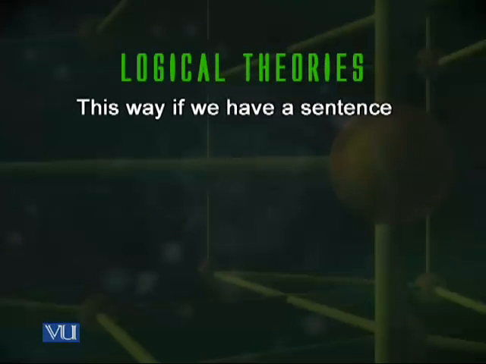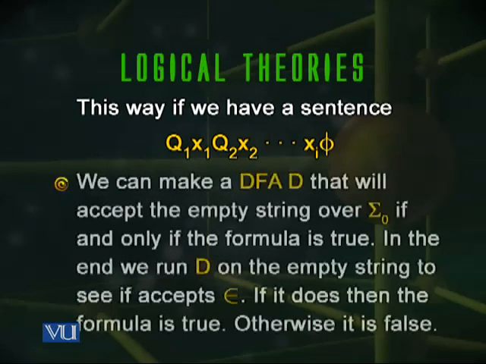What would this eventually lead us to? This way we have taken a general sentence, q1 x1, q2 x2 all the way up to qi xi, then phi, which is in prenex normal form, and we've made a DFA D that will accept the empty string over sigma 0 if and only if this formula is true.